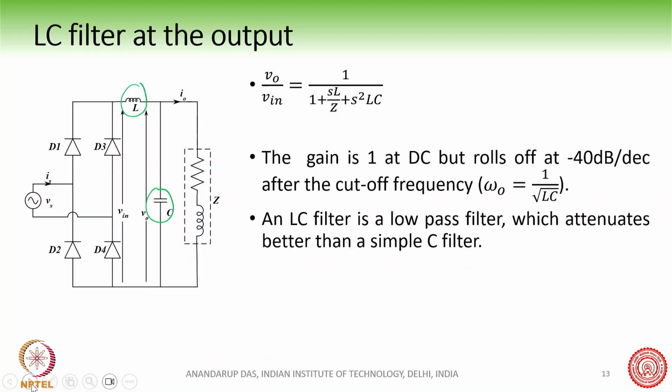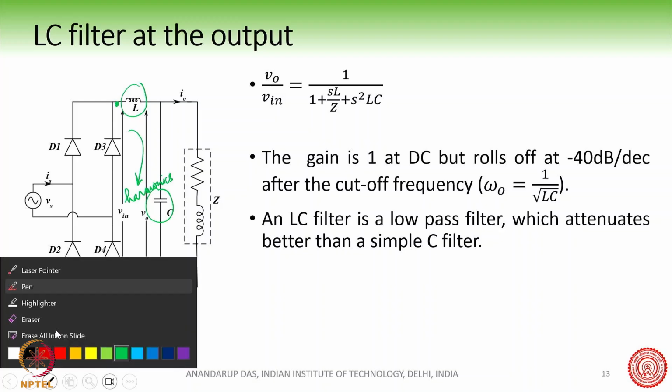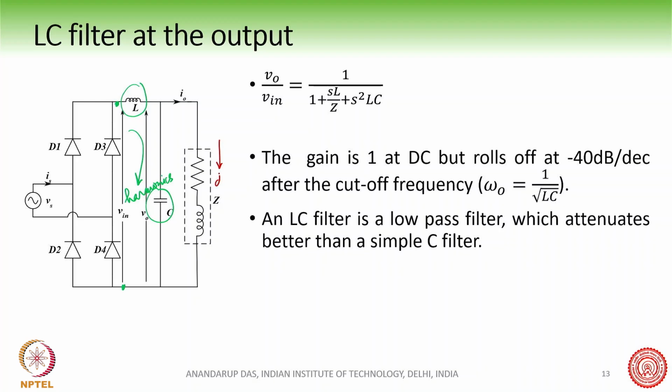An LC filter can be very good, where it can actually attenuate these higher order harmonics. So what is our aim? Remember that our aim is that we want all the harmonics to go here, and all the DC component should go here. That is what our aim is, right? So we have put a filter here. So this is the V in voltage, and here is the V out voltage.